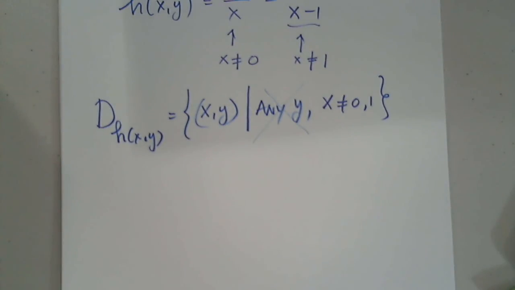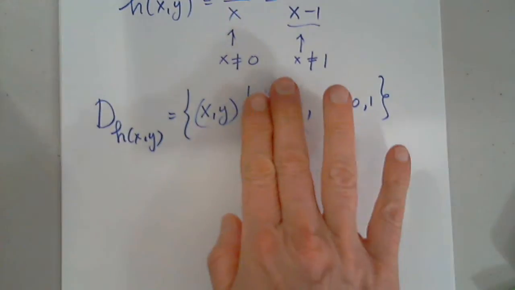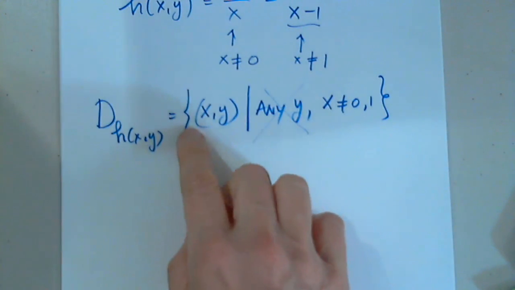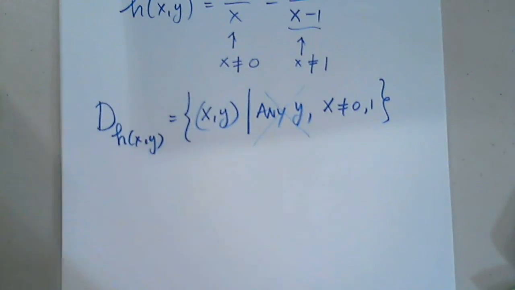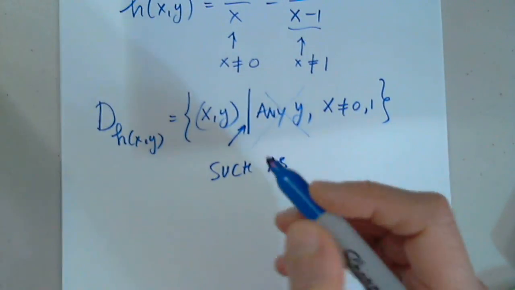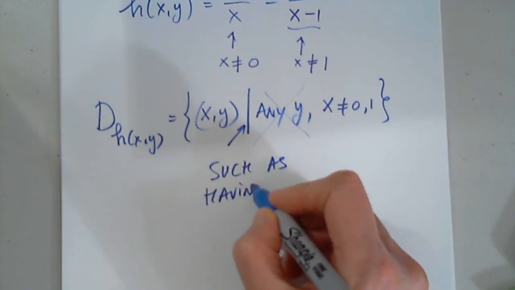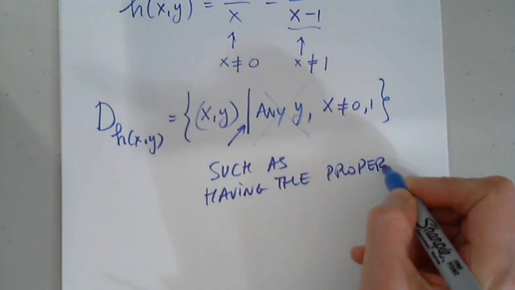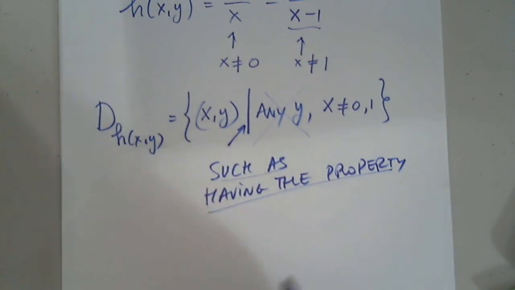I just wanted to emphasize. So there is no restriction. If there is no restriction, we don't have to write this. So it's any ordered pair. This bar stands for such as, or having the property. Either one. That x is not 0 or 1.